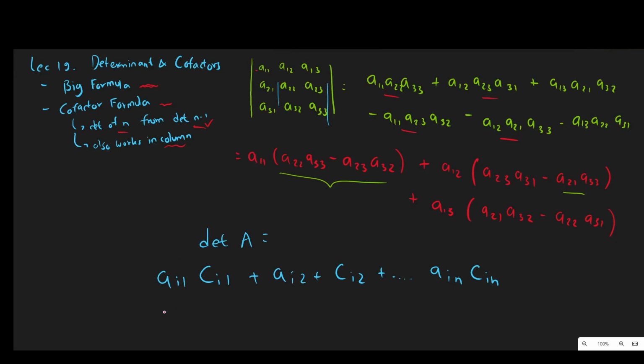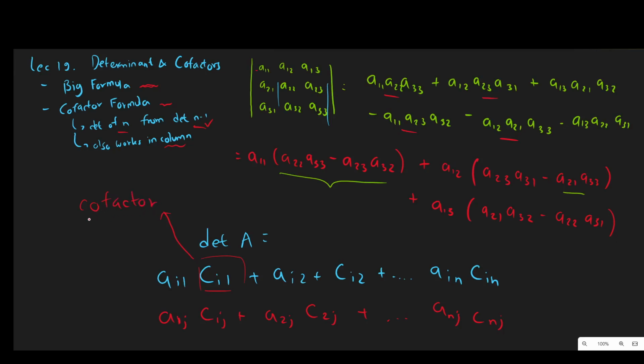So for column you have a_1j c_1j, a_2j c_2j, until you arrive at a_nj c_nj. And what is C here? C is the cofactor.